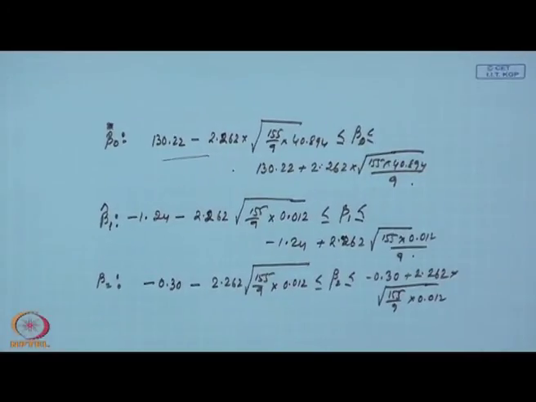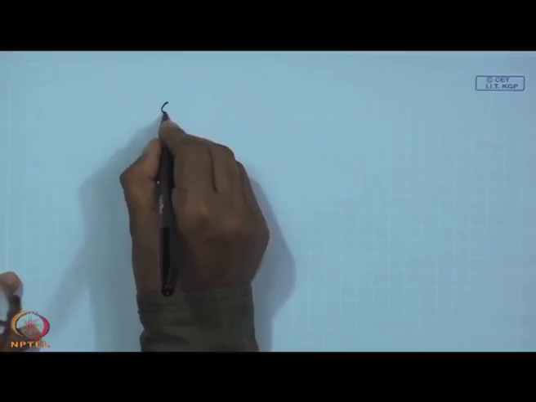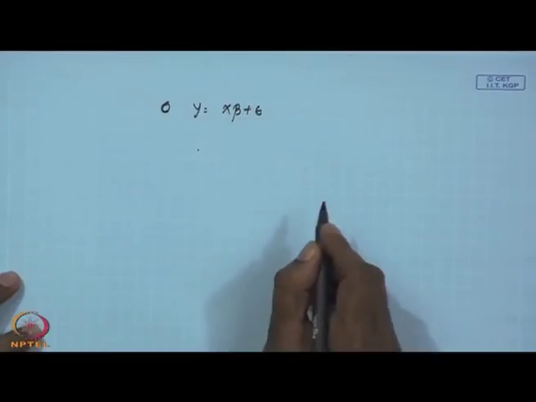This, in a nutshell, is what we talk about: the sampling distribution of beta cap. Okay, sampling distribution of beta cap. But similarly, suppose you know that y equals x beta plus epsilon.